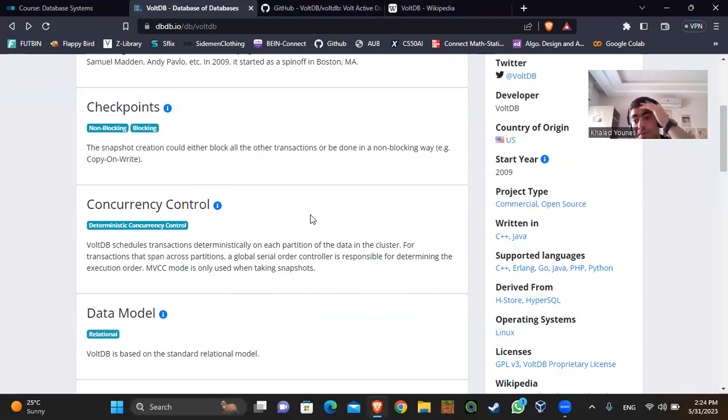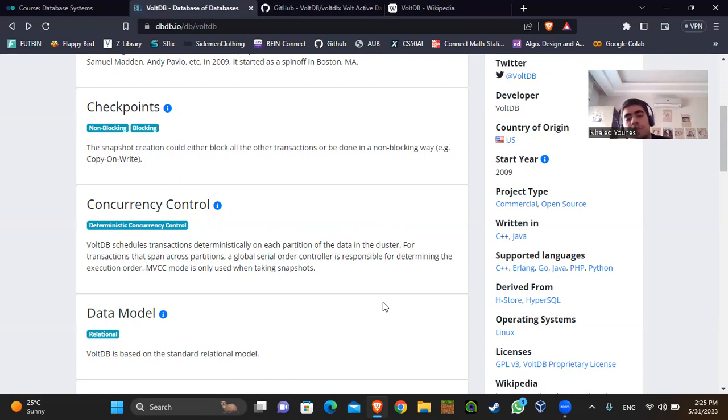So there's no load on the master node, as you say. It's all scheduled.